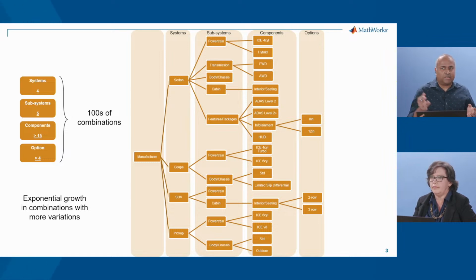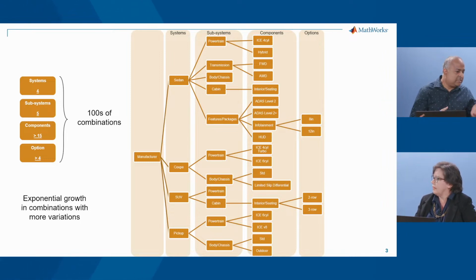But as you see on the slide, the product has just increased in complexity, right? You can see we have a manufacturer who's making 4 different types of vehicles, so that's 4 different types of systems. And if you look at the subsystems, this is not supposed to be representative of everything in a vehicle today, but just a few things that came to our head.